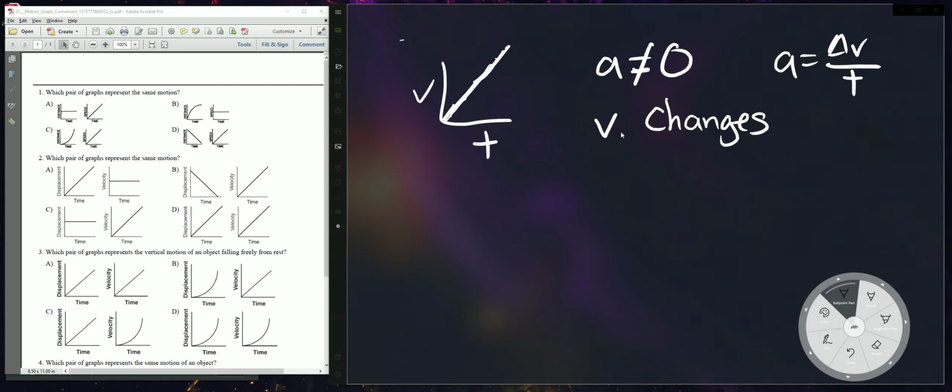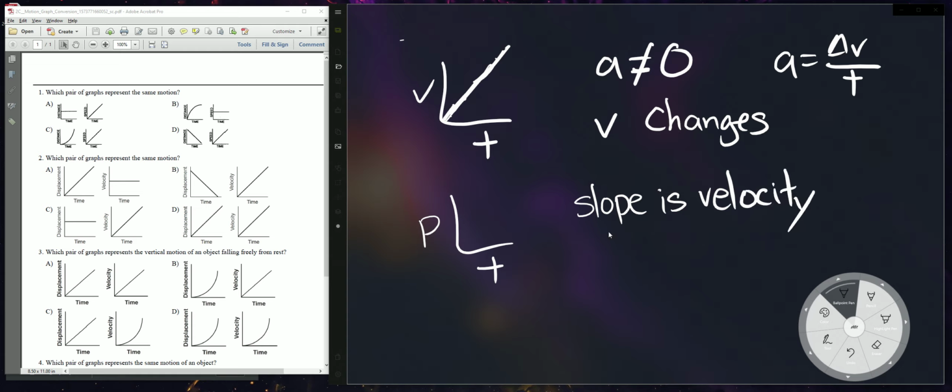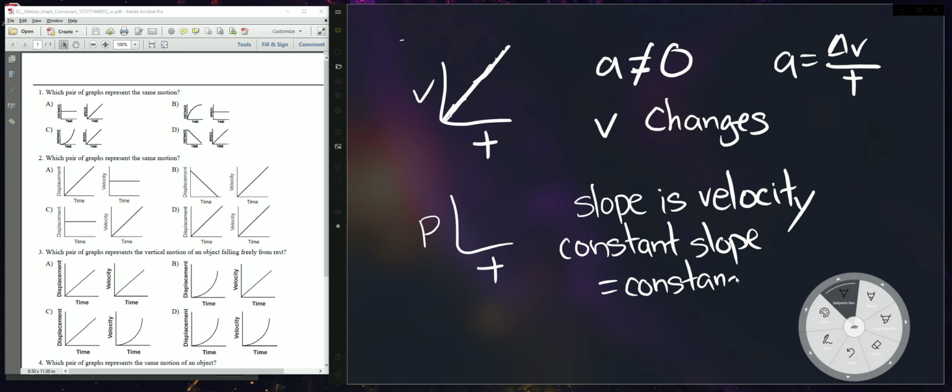Now, if our velocity is changing, we know that on a PT graph, our slope is velocity. And if we have a constant slope, that must mean we have a constant velocity. But we don't want a constant slope at all.